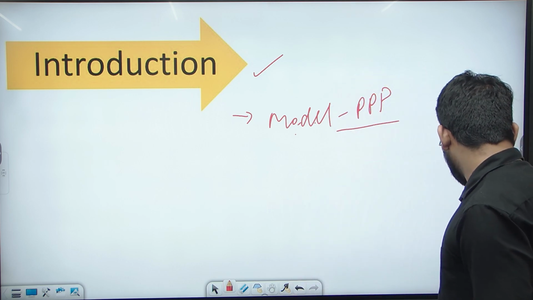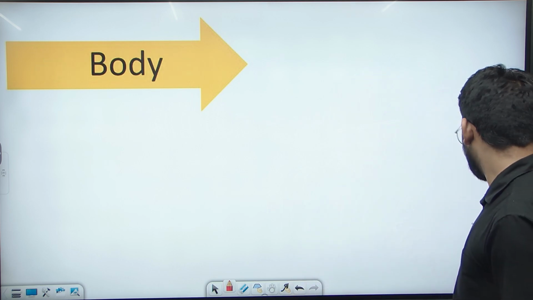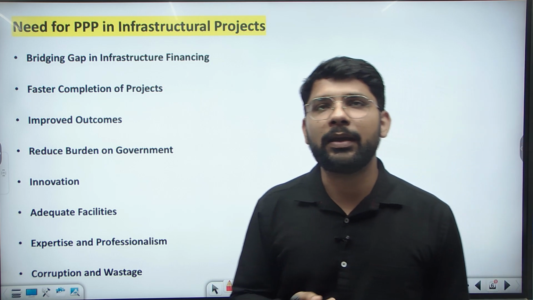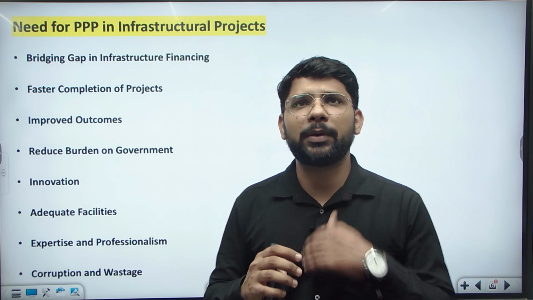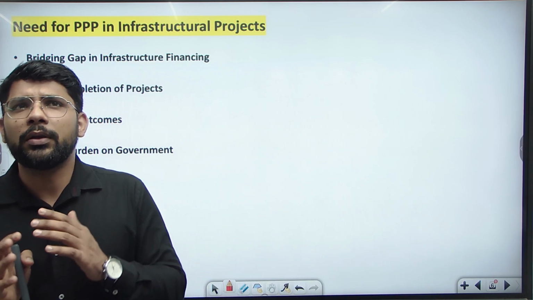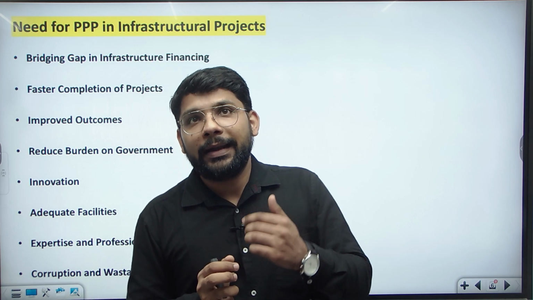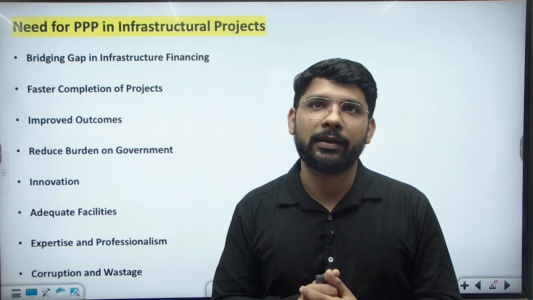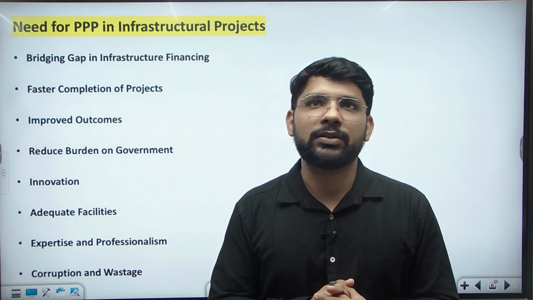According to the question, the body is asking about two parts. The first part is about the need for the PPP in infrastructure projects, how the PPP can help in infrastructure projects, and why the PPP is a need of the hour for infrastructure projects in India.